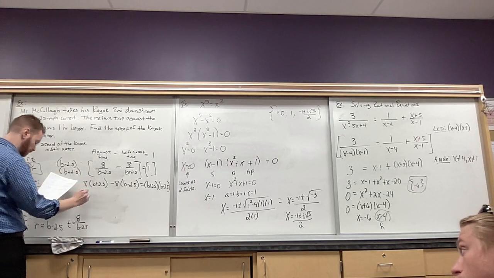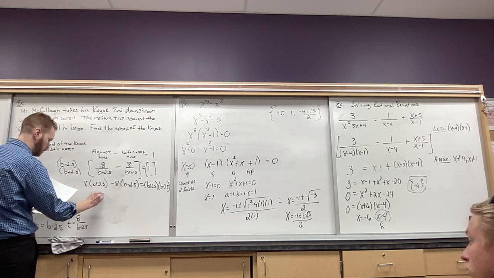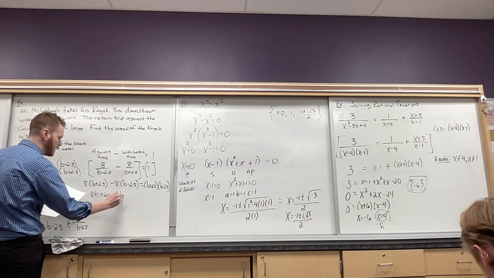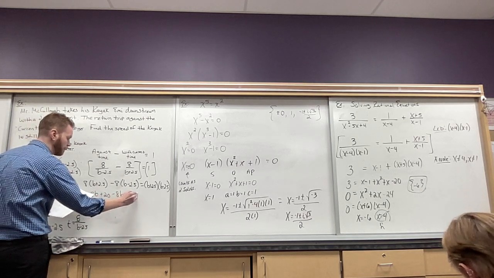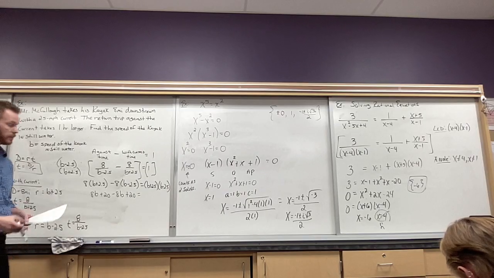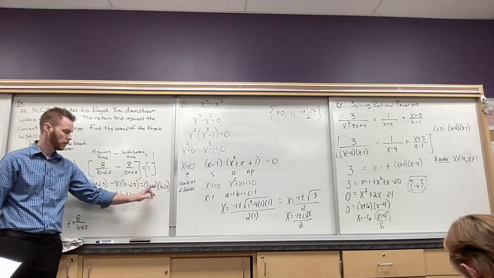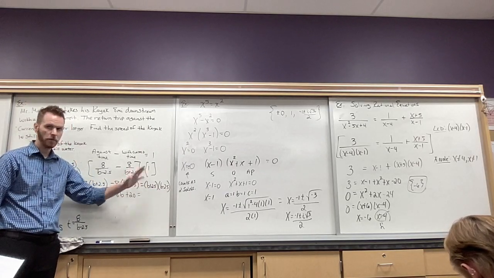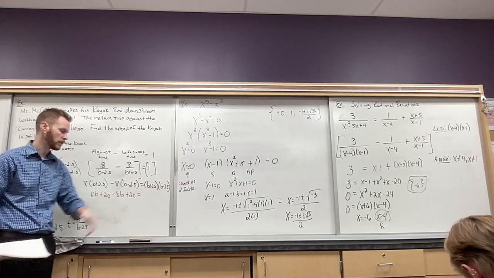All right, let's distribute. So we get 8b plus 20 minus 8b plus 20. Okay. Hey, you saw it twice, huh? Just a little sign difference with the variable. On the right-hand side, I'm going to be smart about this. It's the same binomial, just the signs change. Therefore, no middle term. I'm going to multiply the outsides only then.